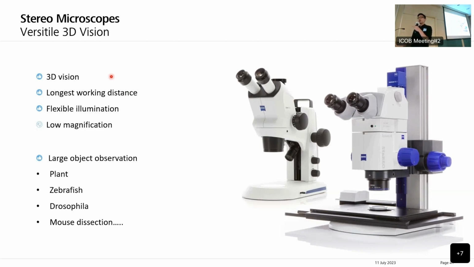You cannot understand which layer is near you and which layer is far behind. And besides, the longer working distance gives you the convenience to place the samples in between, so you can see literally any kind of samples.